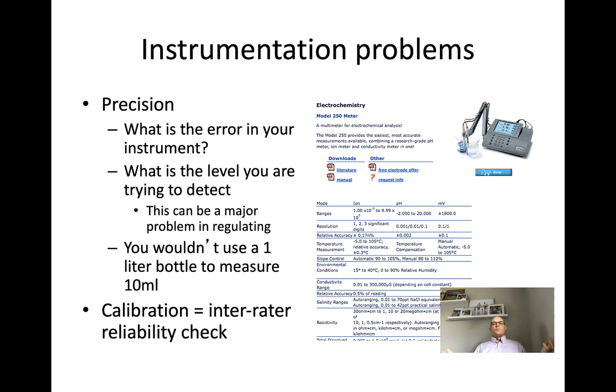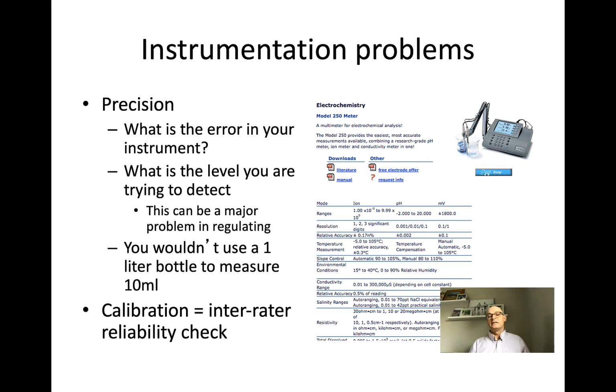So like you wouldn't use a 1 liter bottle to measure 10 milliliters because just the disc on top of the water surface could be a couple milliliters. You want to use a graduated cylinder that's going to be better at measuring 10 milliliters than a 1 liter bottle. So the precision of your instruments can be a real problem if you're trying to measure things.